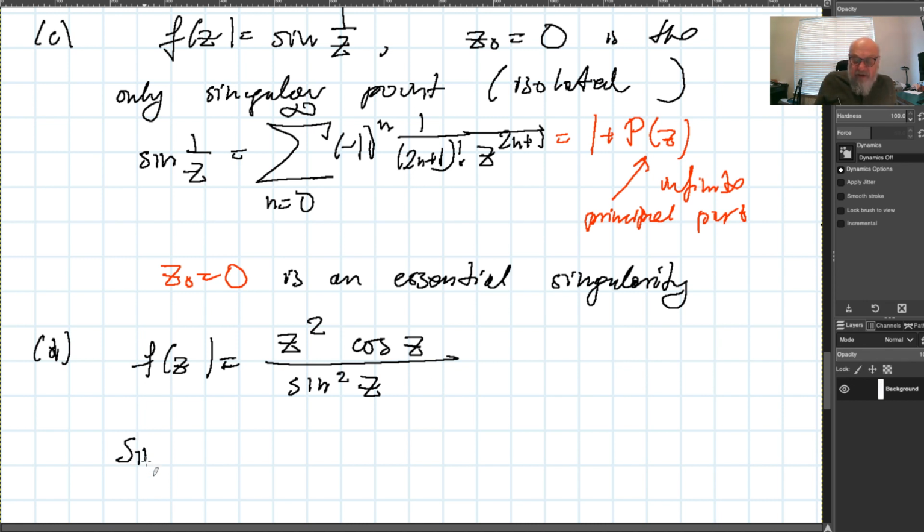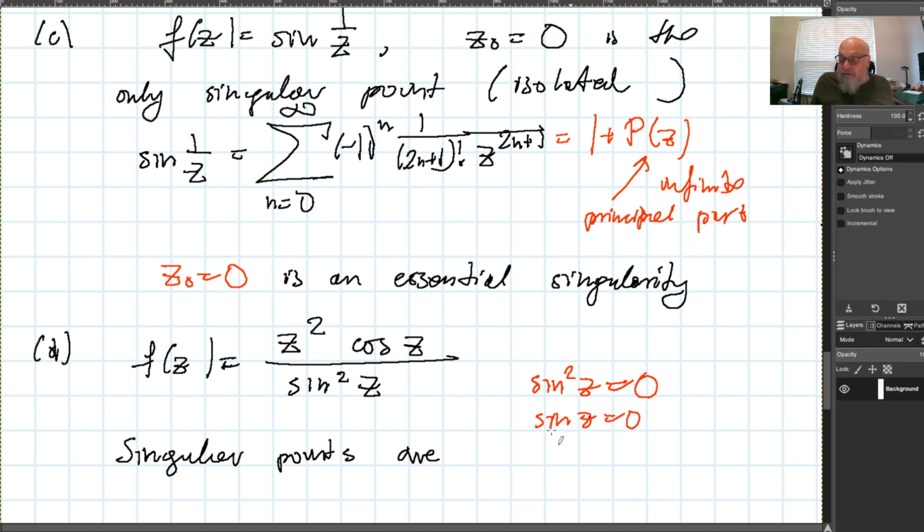Singular points are those which are zeros of the denominator, so you look at sine squared of z equal to 0. That means sine of z must be equal to 0. So the singular points zn, because there are infinitely many of them, are equal to pi n.